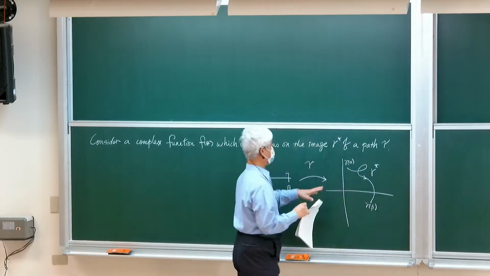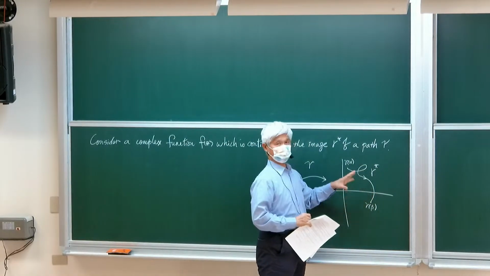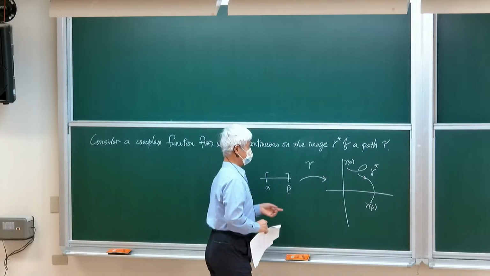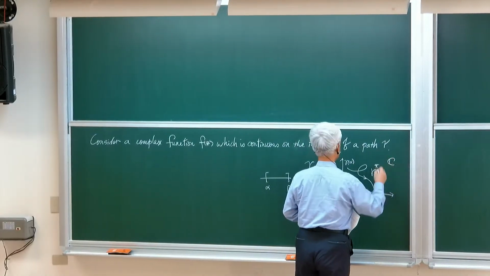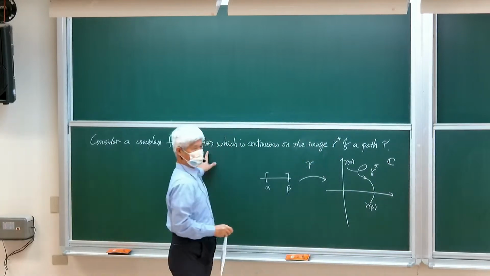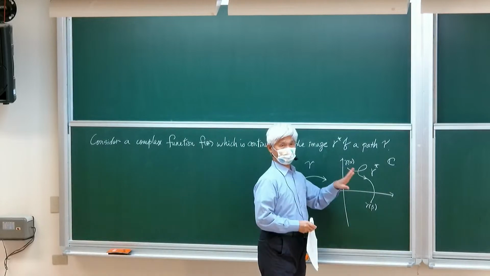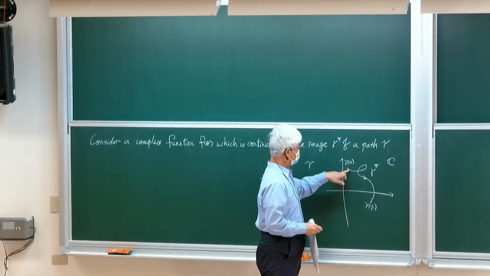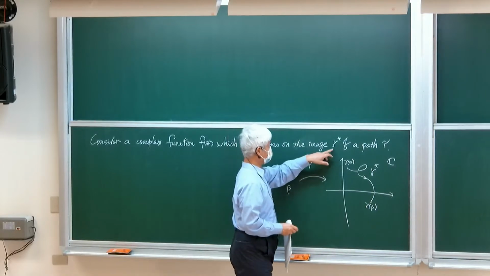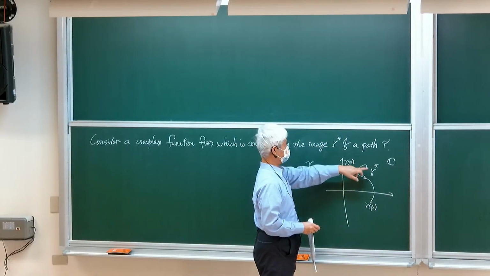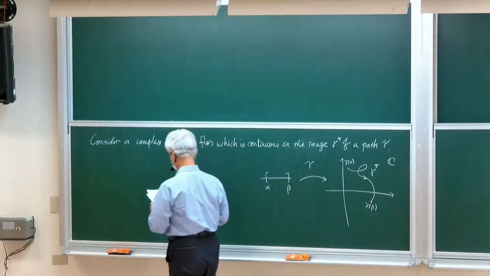The image is actually a subset of the complex plane C, and f of z is continuous. This means that it's continuous at every point on the image, gamma star.